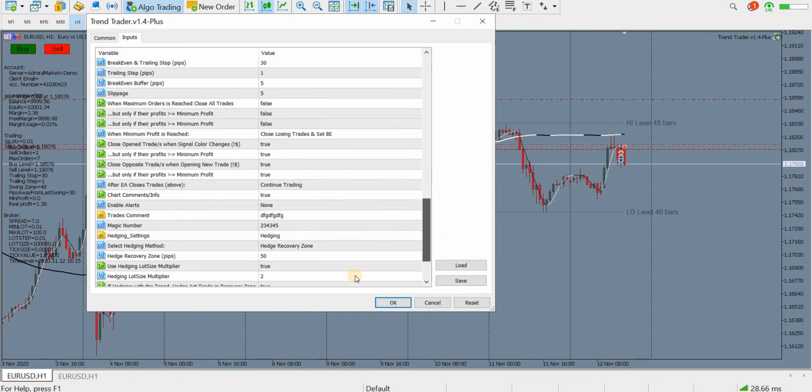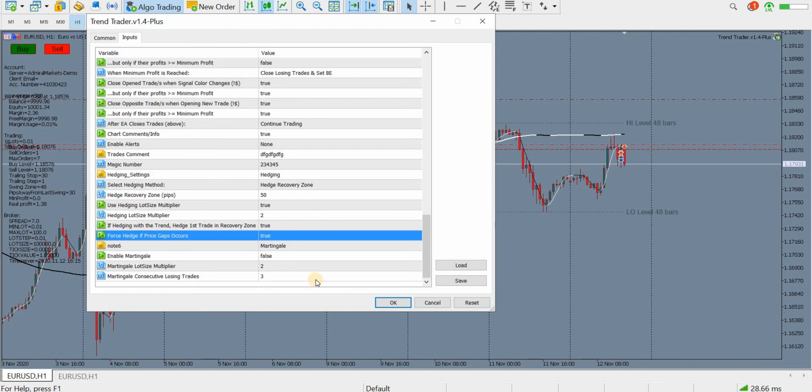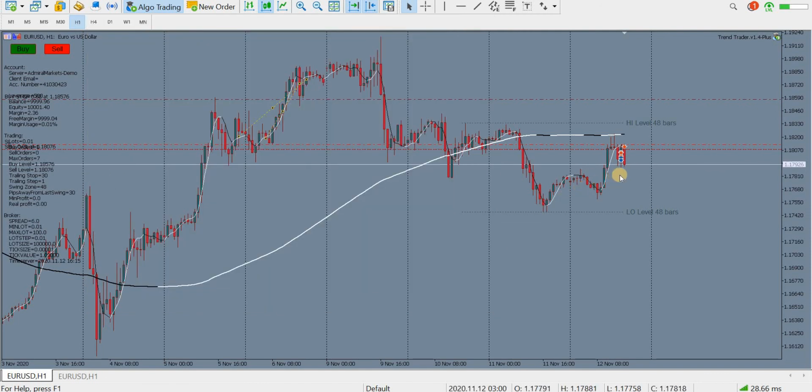So that might not be the desired hedging level, but it could help to overcome the losses from a losing trade.